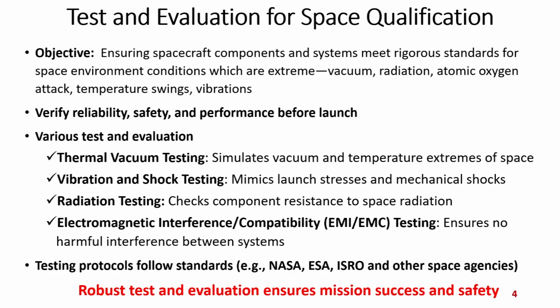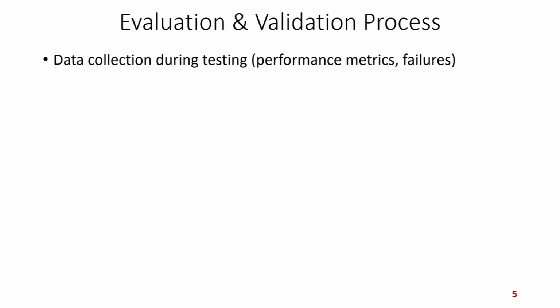So, why do we need this test and evaluation? The test and evaluation ensures the mission success and safety. What is the evaluation and validation process? Through this testing and evaluation process, enormous data is collected on performance metrics and failures.